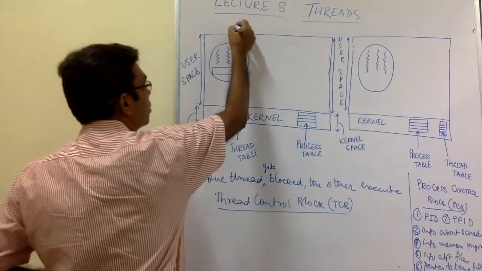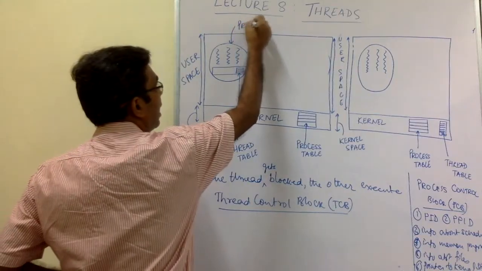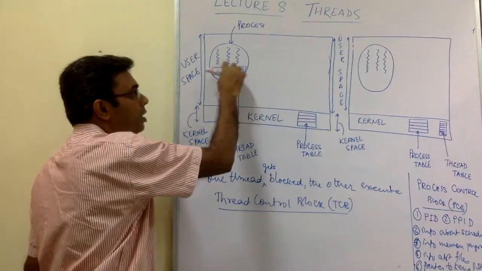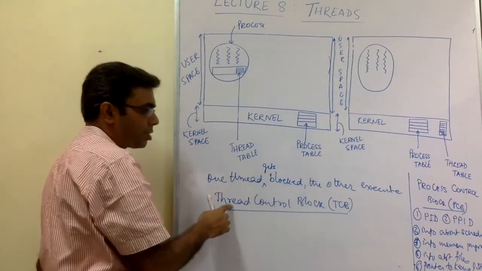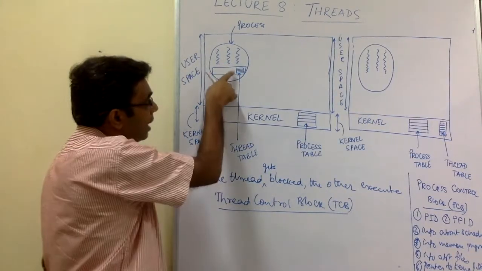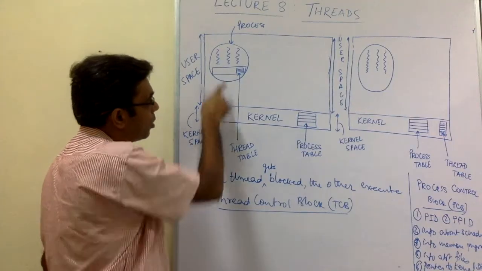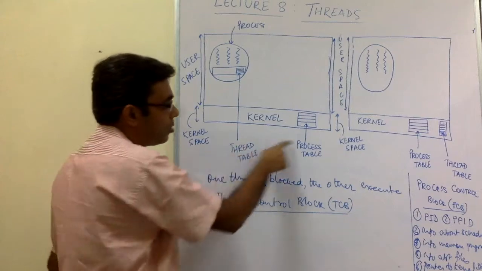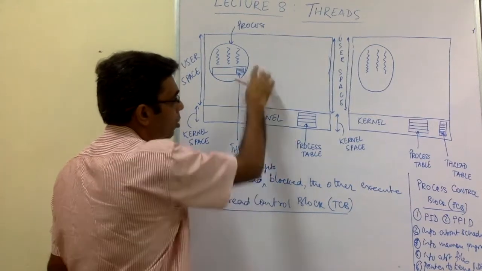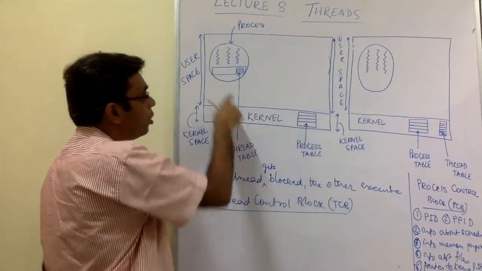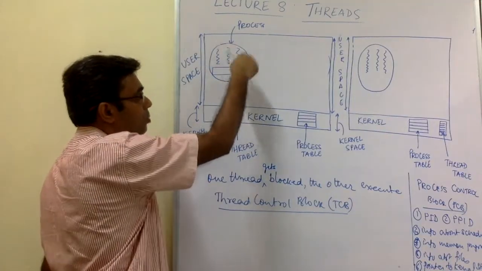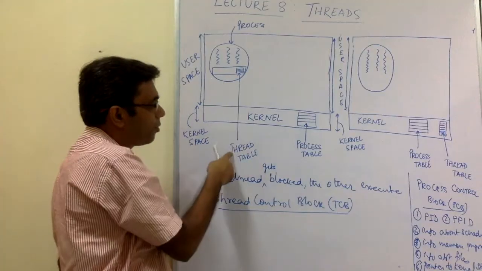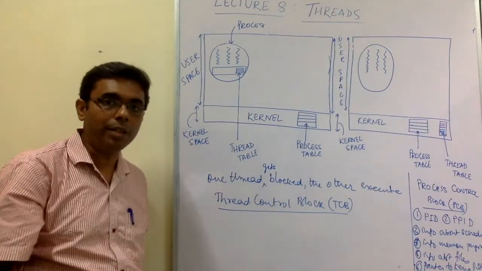This is the process that has created these threads. This table contains the thread control blocks of all the threads present here, and it is called the thread table, similar to how the kernel maintains information about all the processes in the process table.